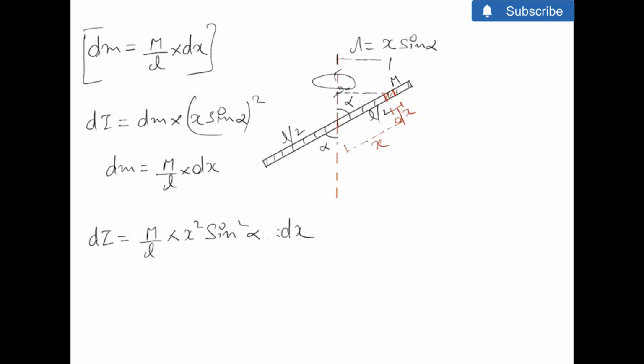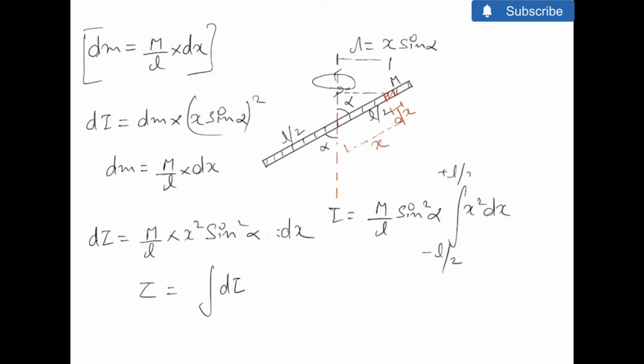Okay, so the total moment of inertia I would be integration of dI, and I would be equal to m by l sine square alpha integration of x square dx. Limit will be from minus l by 2 to plus l by 2.